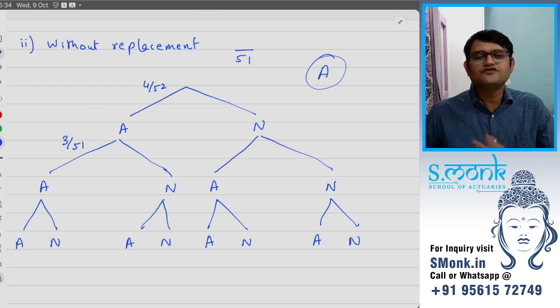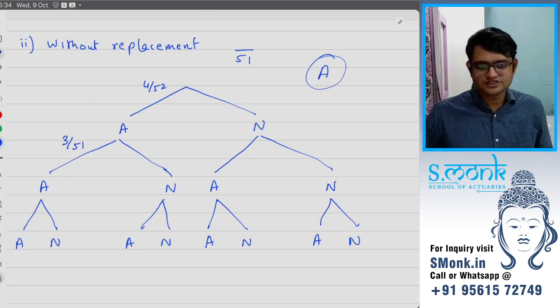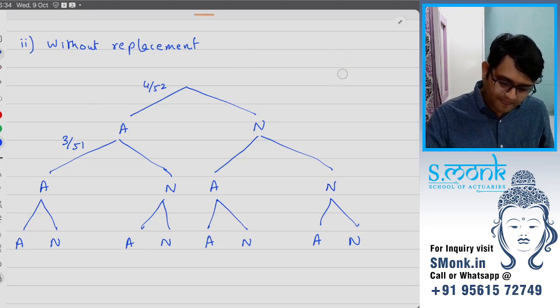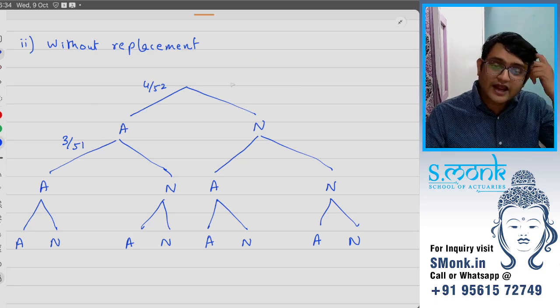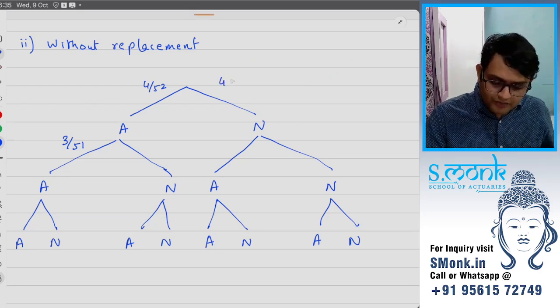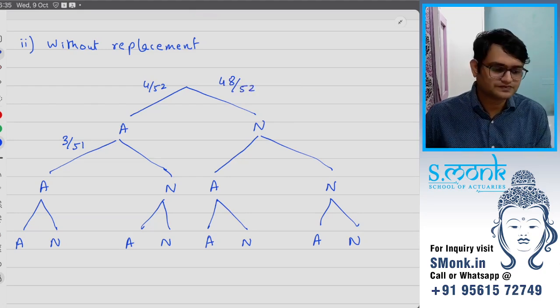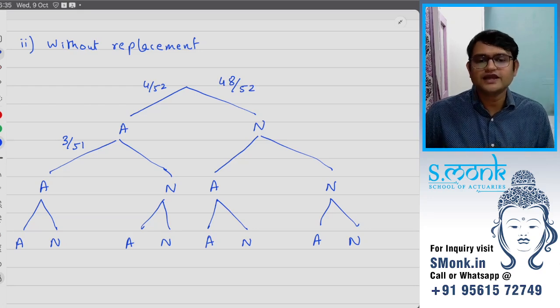Now imagine the first card was not an ace. If the first card was not an ace, I got an N. In that case, I had probability of 48 by 52 because I had 48 cards that were not ace. So probability that I will get not an ace would be 48 by 52.